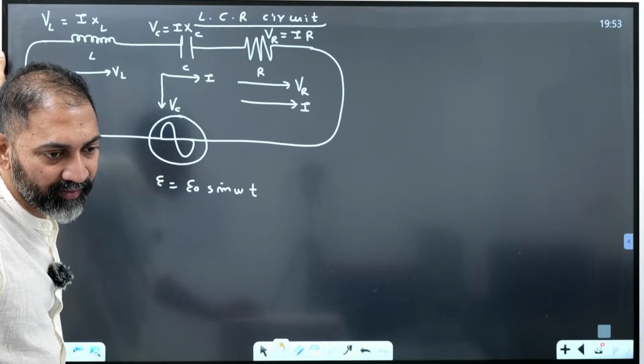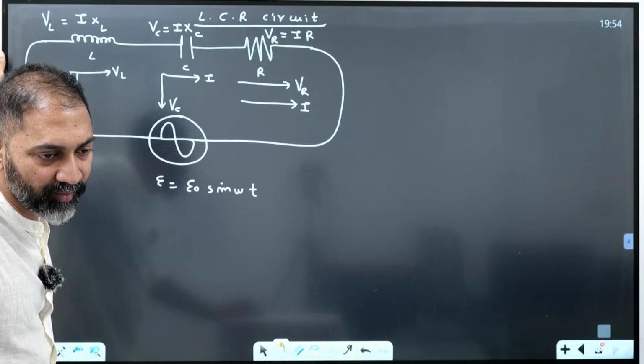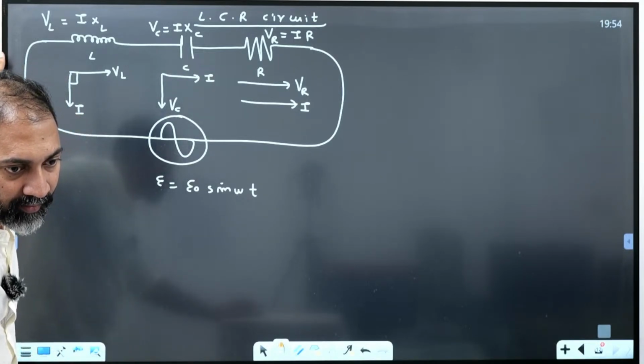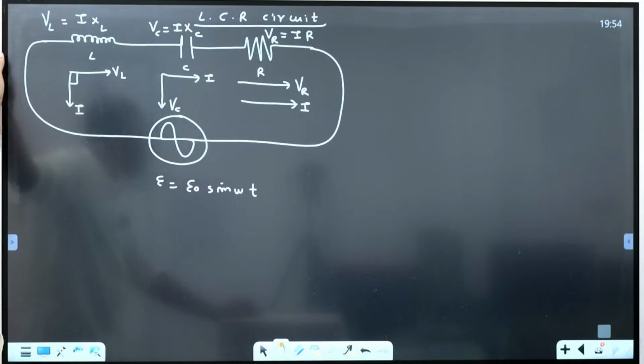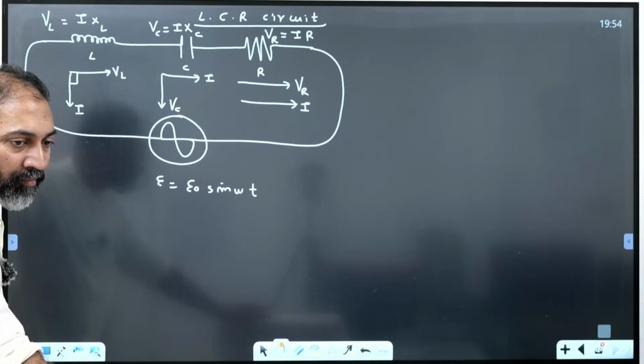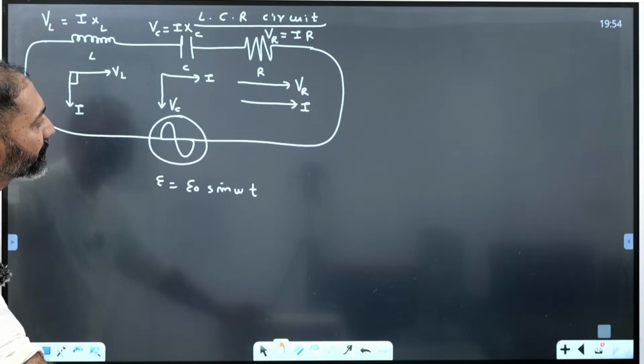AC applied to capacitor: I equal to I0 sin omega t plus pi by 2. It is omega t plus pi by 2. Okay, Akash. Any doubt here in this figure?